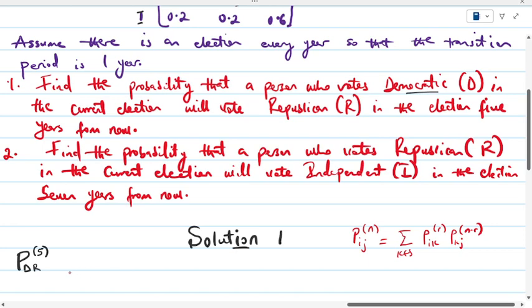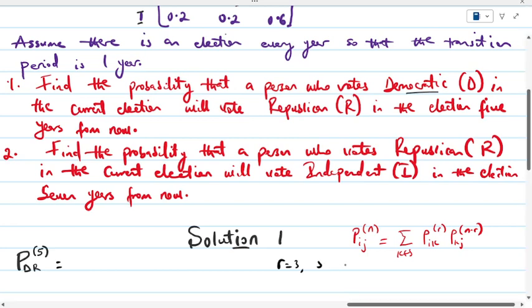So we are going to partition it. Since we are moving over 5 steps, I will make r equal to 3, and n minus r, which is 5 minus 3, will be 2. So I'm going to partition 5 steps into 3 and 2.